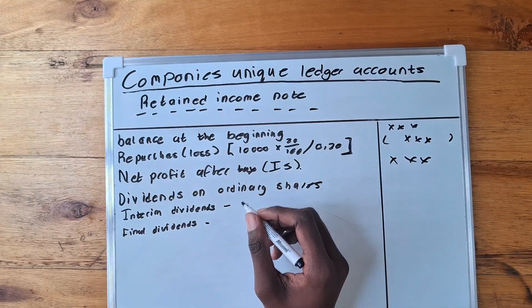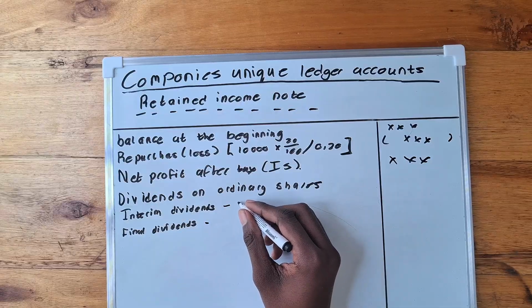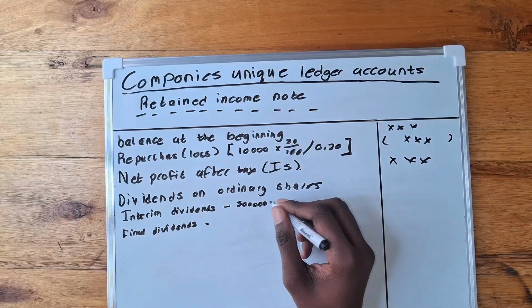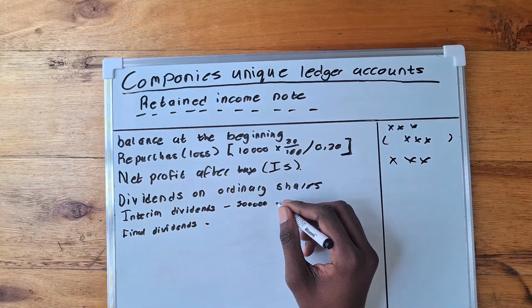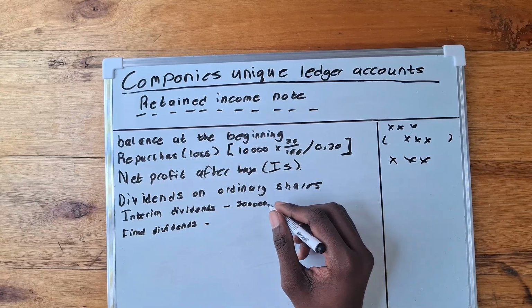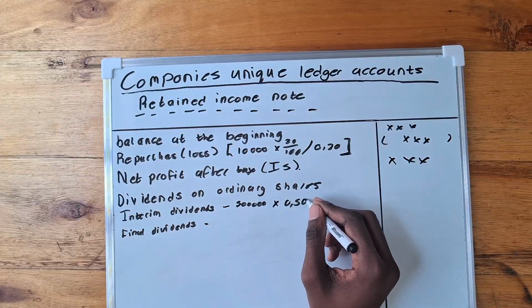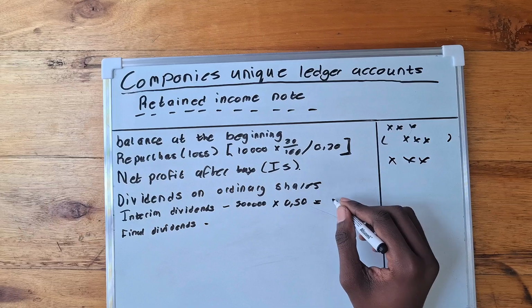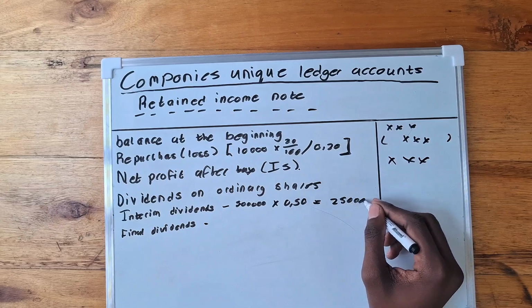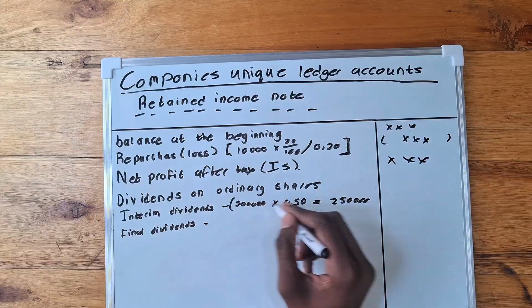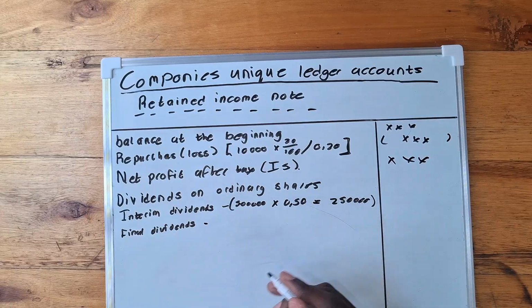So you will be told, perhaps, that during the year we had 500,000 shares, and then they paid an interim dividend of 50 cents per share. So we have 500,000 times 50 cents, which gives you 250,000. That would be what you have here. And when you do your calculations, make sure to put in your brackets.